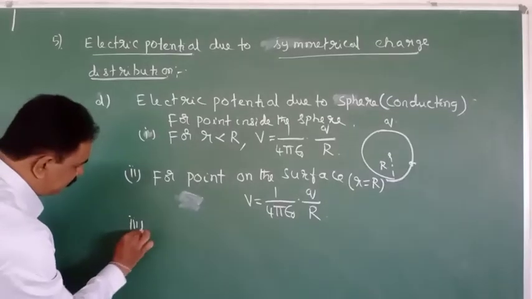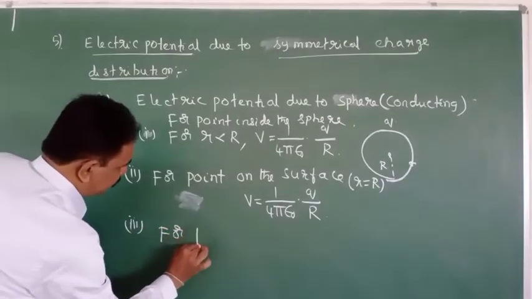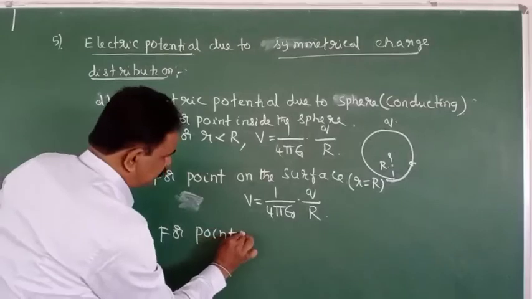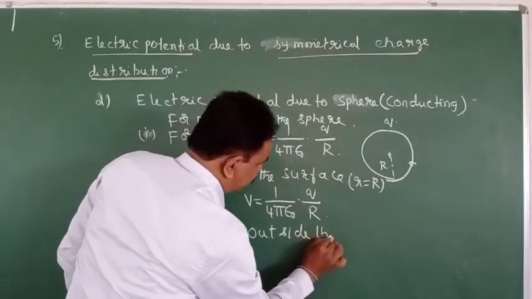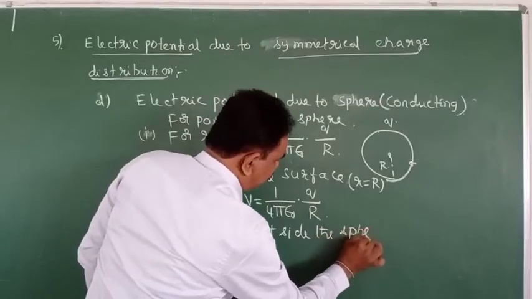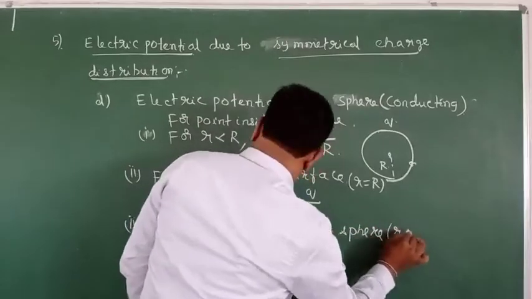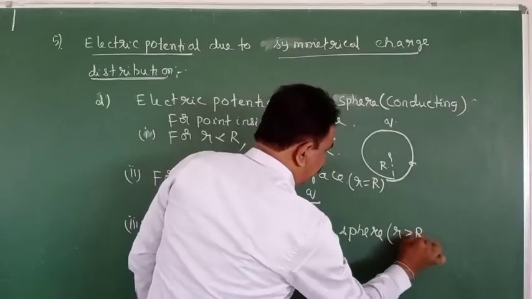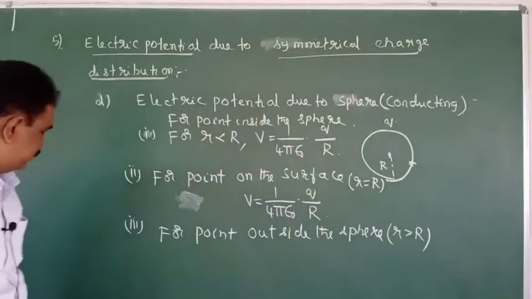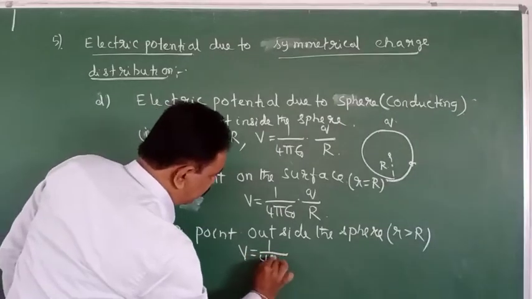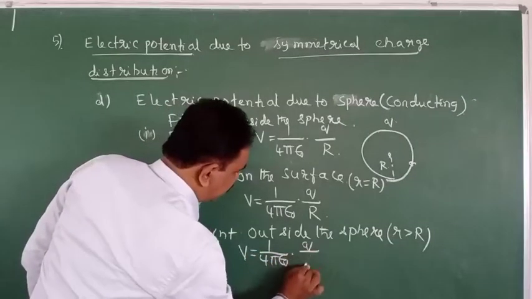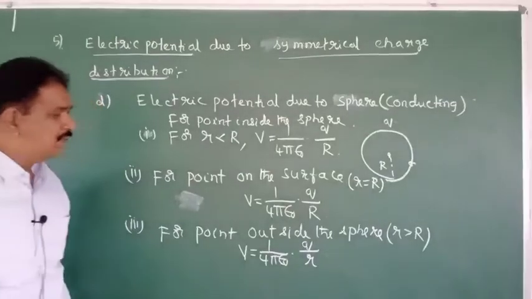Next, for a point outside the sphere, r is greater than R. The formula will be V is equal to 1 by 4 pi epsilon naught Q by small r.